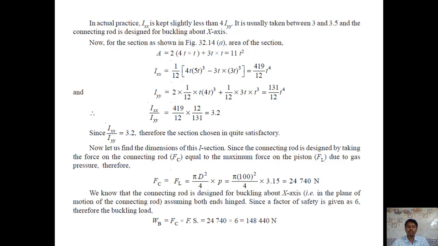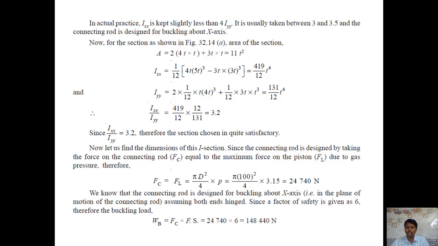Now, the factor of safety is 6, hence Wb equal to Fc into Fs. You can include the factor of safety by multiplying the force or by dividing the stress. So, either way you can consider. Here we took Wb equal to Fc, the force due to gas pressure, into factor of safety 6.